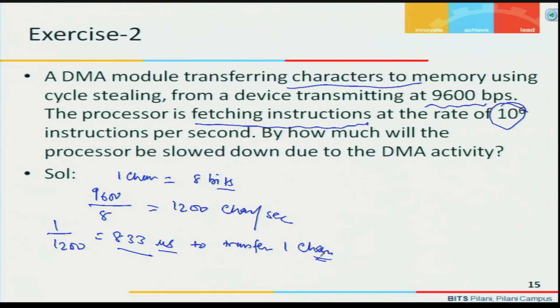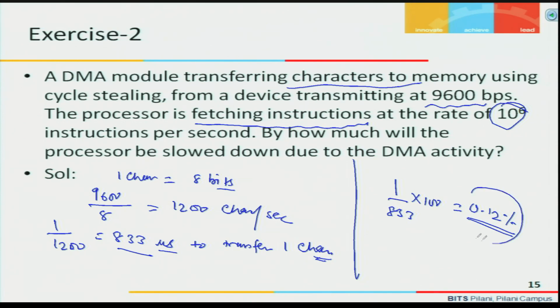In that case, every 833rd cycle is stolen by the DMA, so what percentage will it be? 1 by 833 into 100. So the percentage will be 0.12 percent. The processor will be slowed down because these cycles will be used by the DMA. So the processor activity will suffer by 0.12%, and that you can say is negligible.